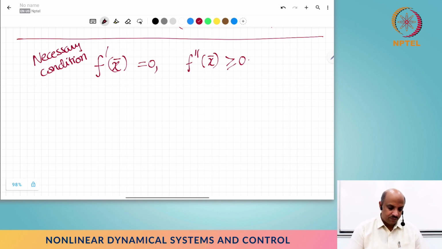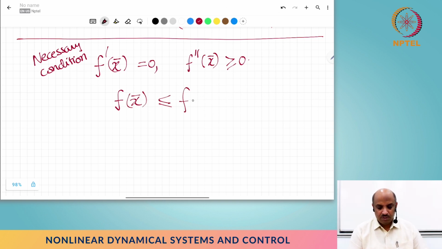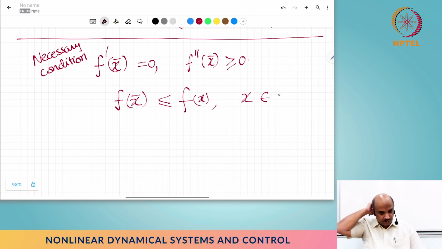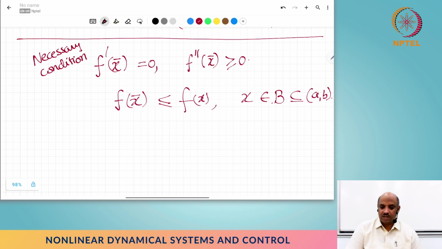What we have to do here is, we know that this x bar is a local minimum, so that means f of x bar is less than or equal to f of x for all x in some region, let's call it B, which is a subset of (a, b). I didn't really define what a minimum is, but basically whenever we say something is a minimum, we do not necessarily mean a minimum over the entire range we are discussing, but probably a local minimum, right?